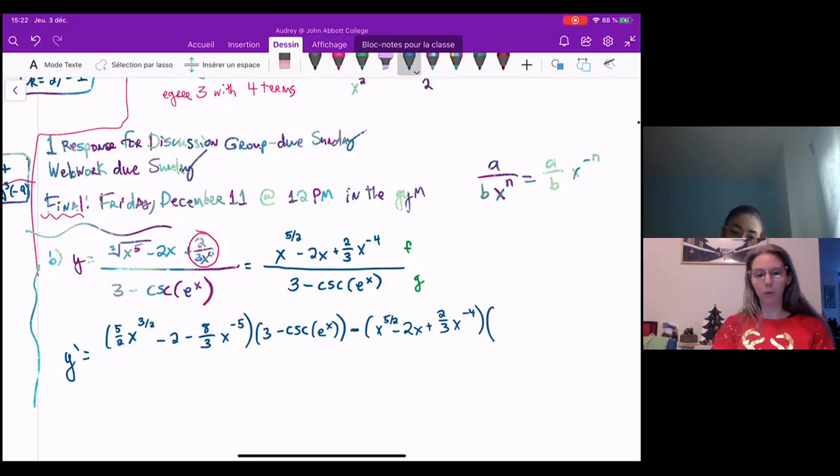Now I want you guys to tell me what the derivative of the bottom is. Again, in the chat privately, what's the derivative of the denominator? This is one of the things that people have the most trouble with in trig, so be very careful.